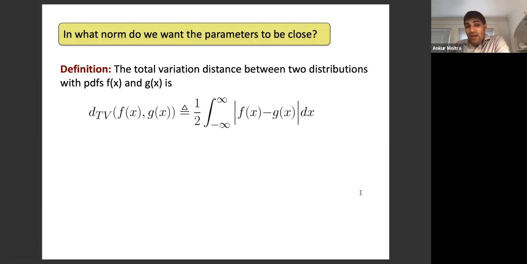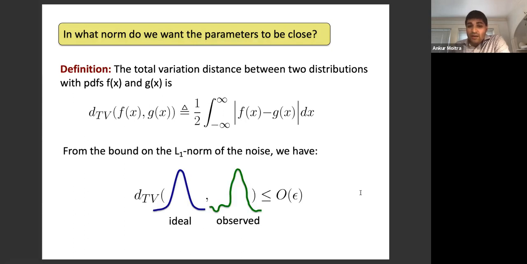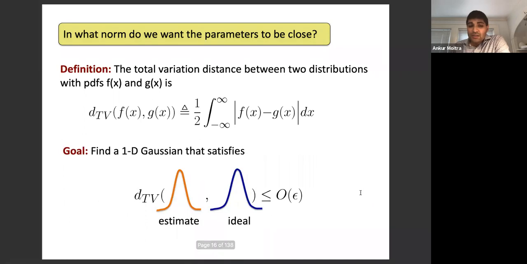That's just half of the L1 between their PDFs. The way to think about it is, what has the adversary done to our nice idealized Gaussian model? The adversary has moved it from being exactly a Gaussian to some other distribution that's O of epsilon close in TV. So the natural goal is to try and find a 1D Gaussian that's close to the idealized model in the same distance measure.